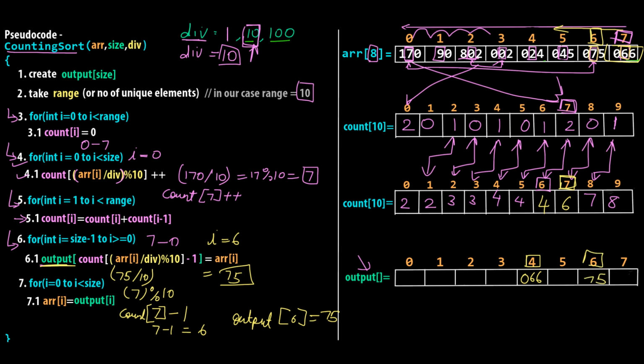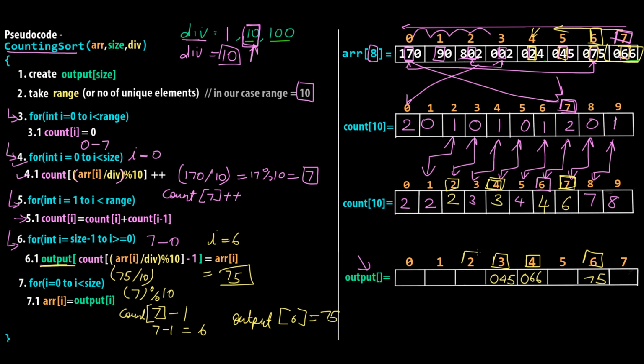So similarly for 045, we will target the index position 4 in the count array. We will decrement this by 1, so it will become 3. And at the third index position is where we have to store 045. Then we take 024, we will target the second index position in the count array, decrement it by 1, and make it 2.